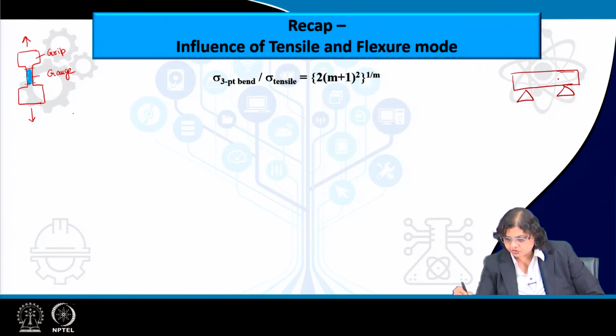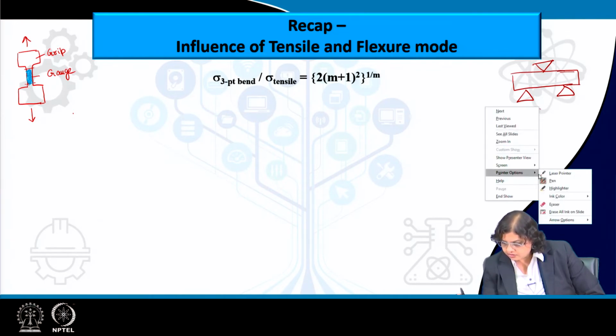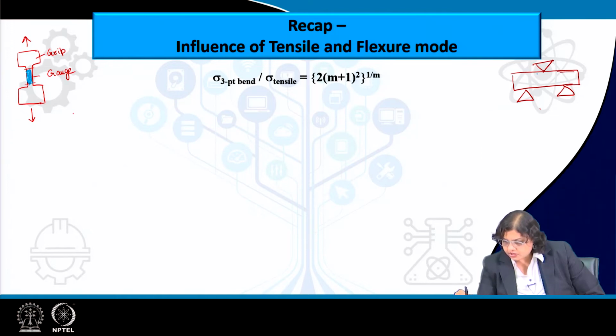Of course, the drawing is not on scale, but in this case only a small part of the entire span length is where the higher or the maximum stress is applicable.